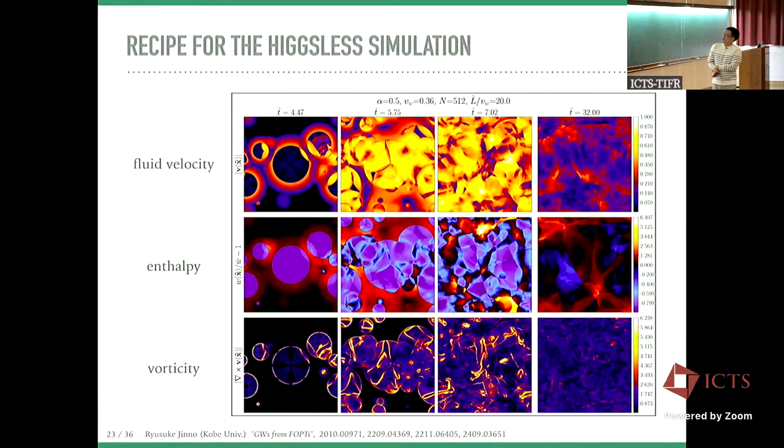And this is the simulation slices from our paper. The first row is fluid velocity, the second row is enthalpy, and the final row is vorticity. And you will clearly see the formation of shock waves like this.